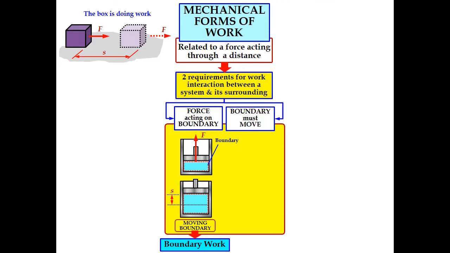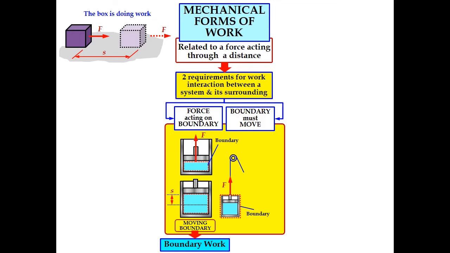And the second requirement is the boundary must move. For example, we have a cylinder piston device, and the piston and the whole system is pulled by using a pulley, and we consider the whole system. We include the whole system in our boundary as shown in the schematic diagram.